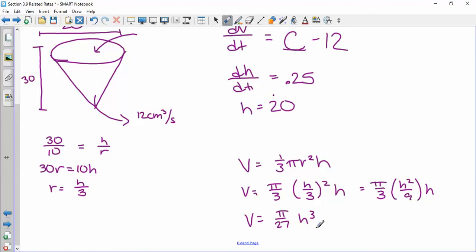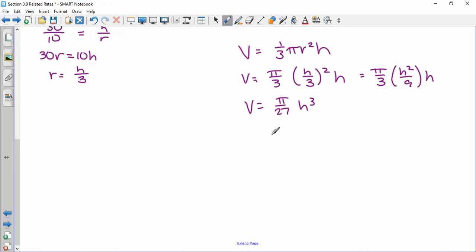Is everybody following my math there? And again, the whole reason I did that is because in my information, I don't have anything about R or dr/dt, so I want to get rid of that before I do my derivative.